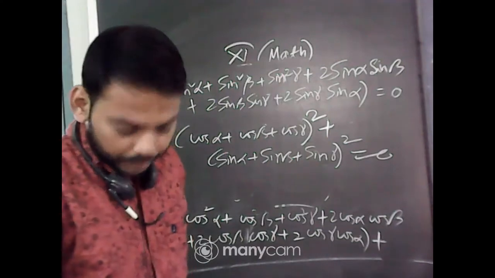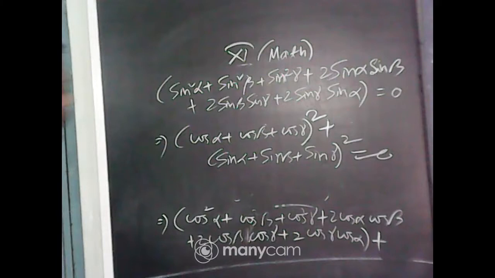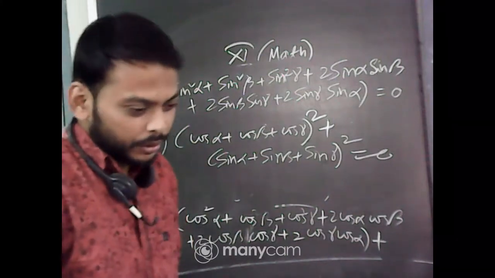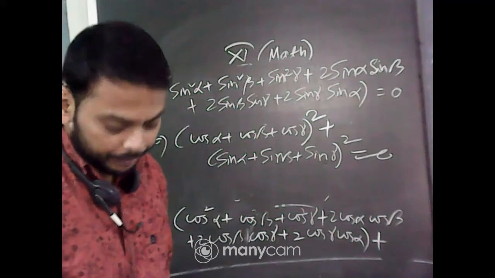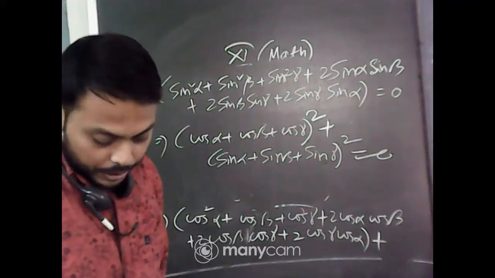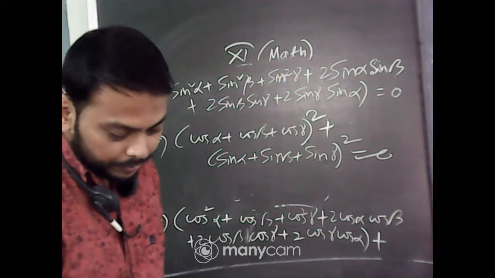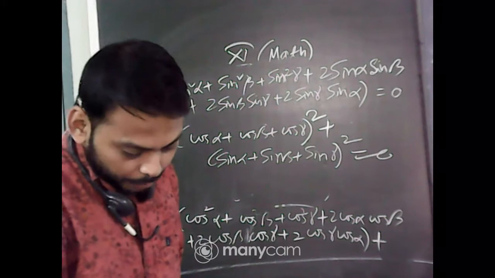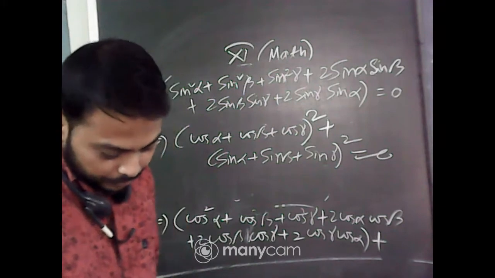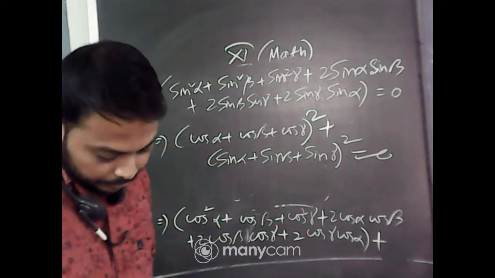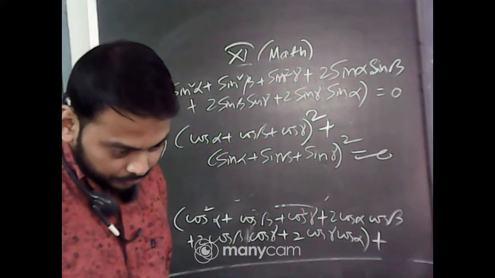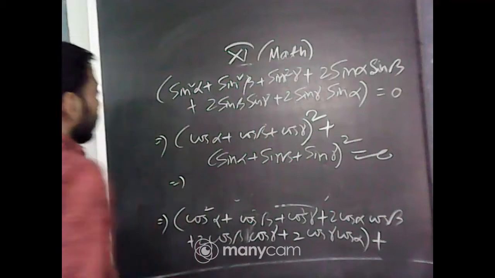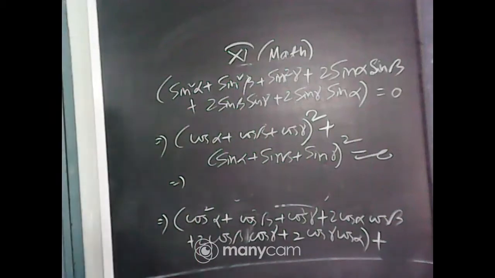Sum of squares of two terms equals 0. Now from here what can we conclude? From this line what can we conclude? Respond to me, students. Individually both of them within the brackets will be 0.